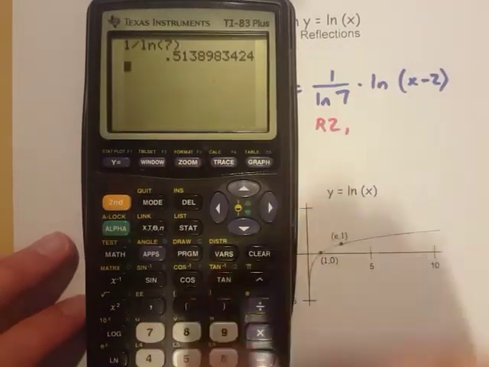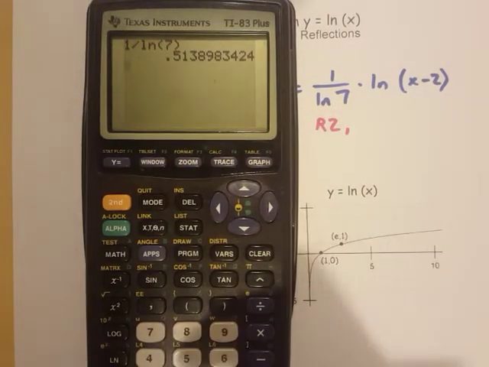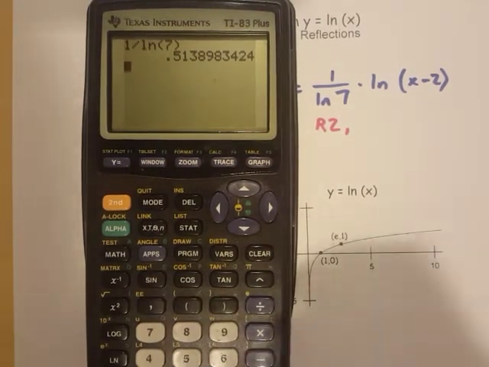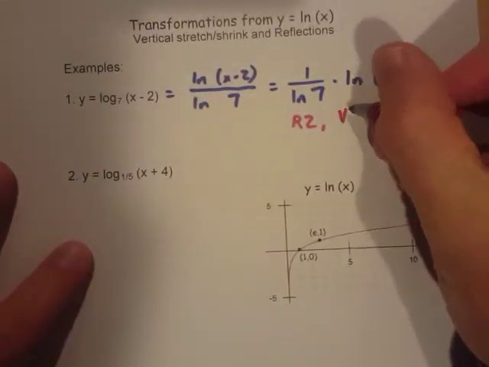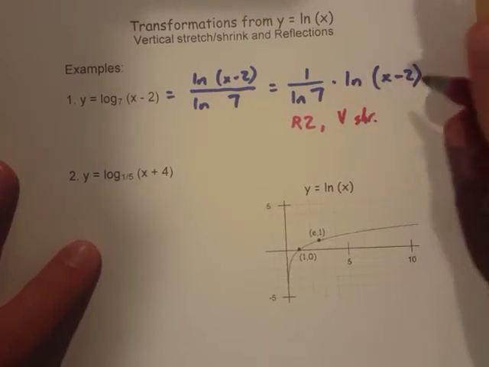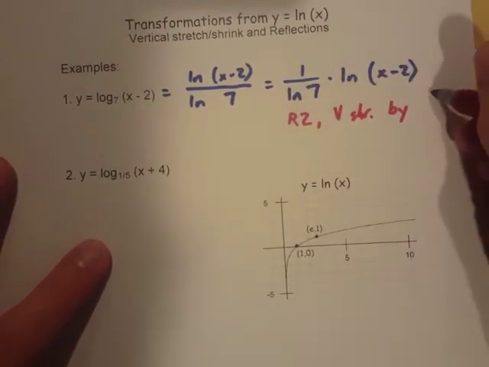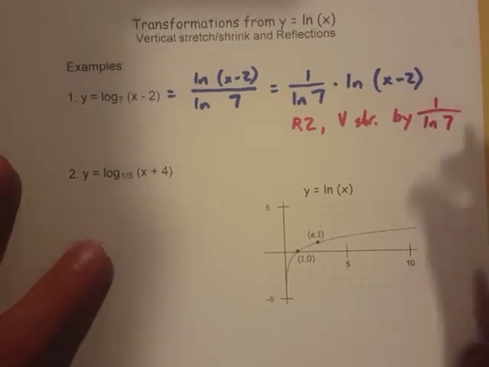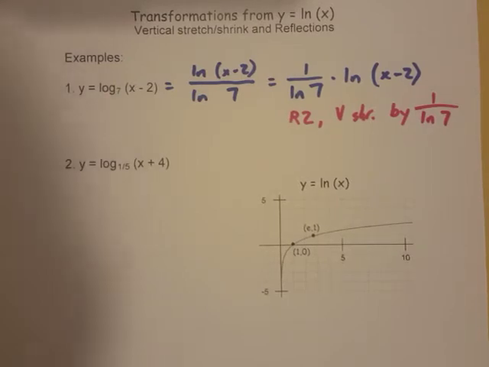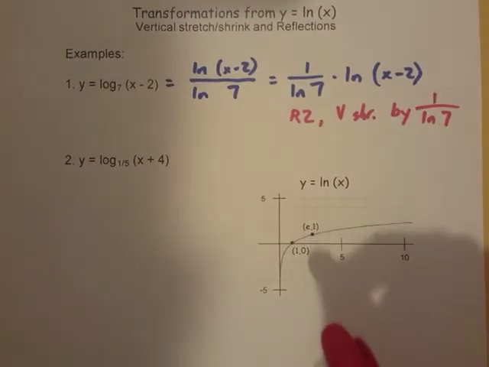So that number is about 0.51, which means it's less than 1, which means that we're talking about a vertical shrink in this case. So we're going to say that this is a vertical shrink by a factor of whatever this is. Now, since we want to just be as exact as possible, I'm just going to put by the factor of 1 over ln7, and that takes care of the two transformations for this one.